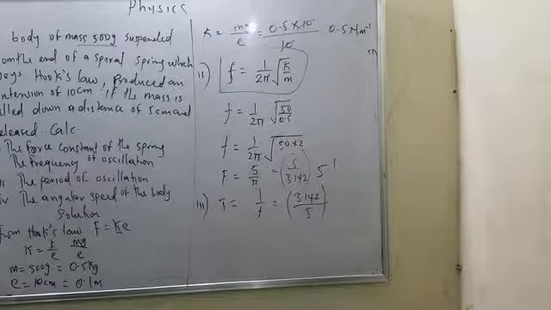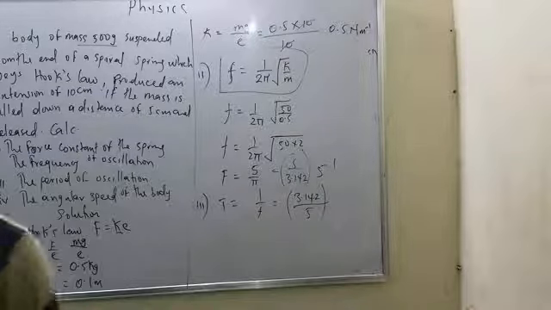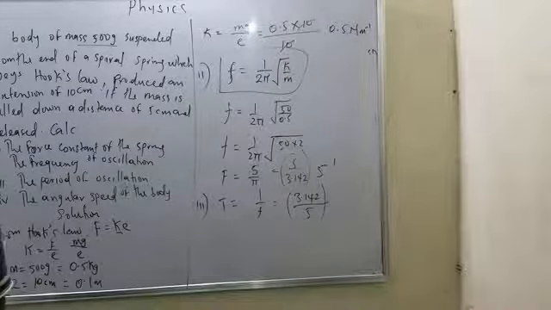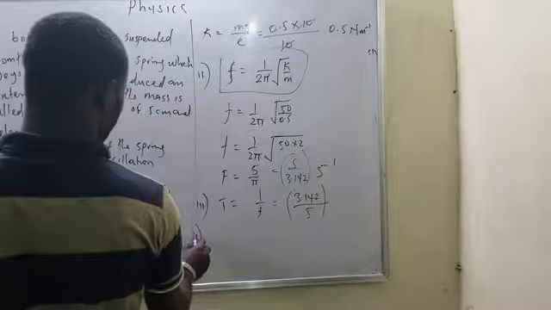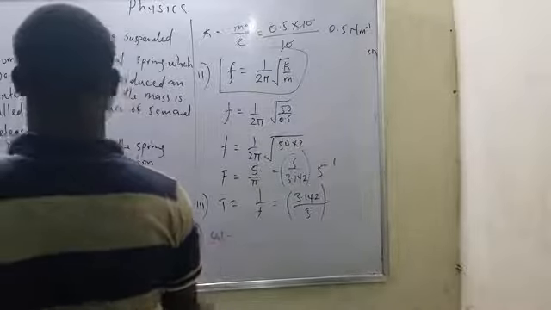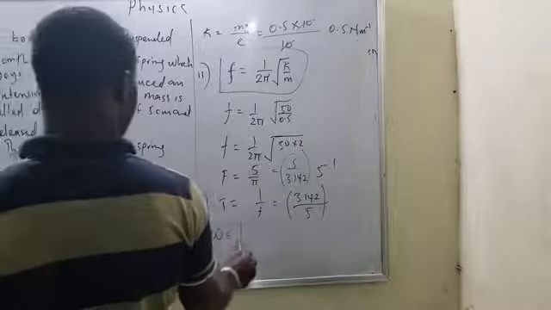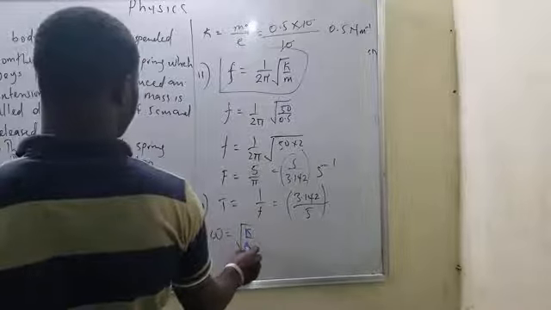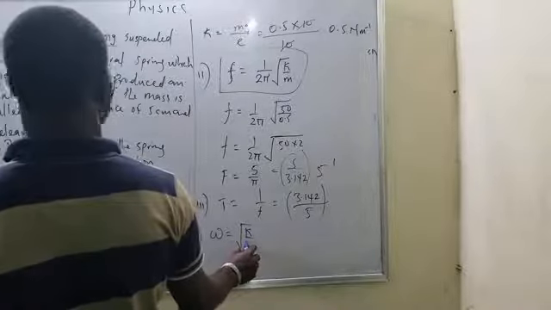And the next one, I'm talking about the angular speed of the body. Number 4, my angular speed will be equal to the root of k over mass.